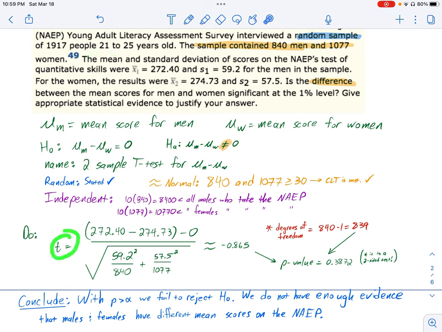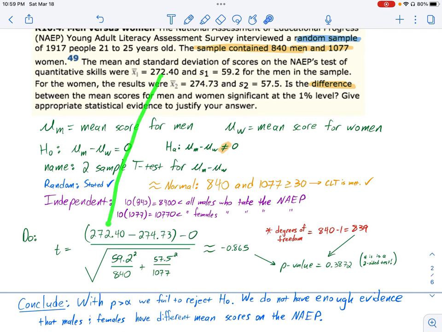Then you do your work. It's a t, a test statistic. Here's X1, here's X2. You have to fill this out. You're subtracting the null, that the difference is 0. Then your first standard deviation and your sample size for men go there, and likewise for the females, 57 and a half and 1077.